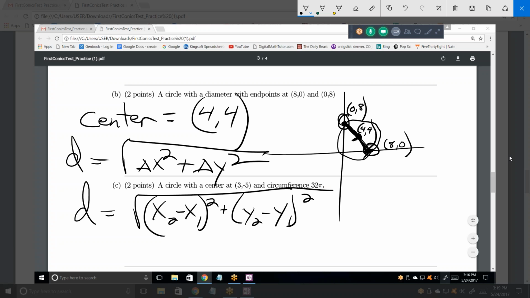So what's the two sides of that right triangle? 8 and 8. So what's the distance formula? The distance formula for that hypotenuse is the square root of 8 squared plus 8 squared. Now, that's going to give me the diameter. And that's going to be 8 root 2.